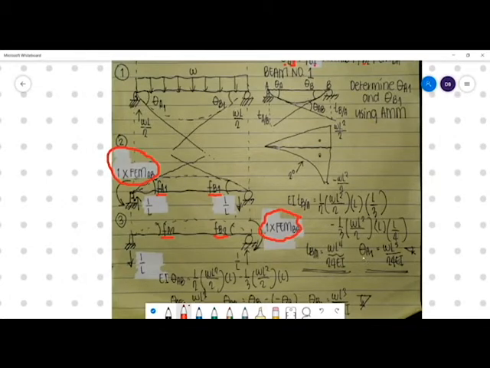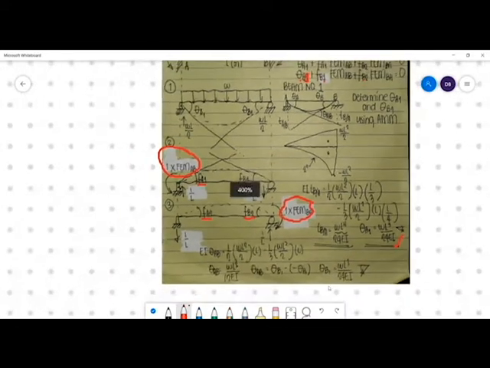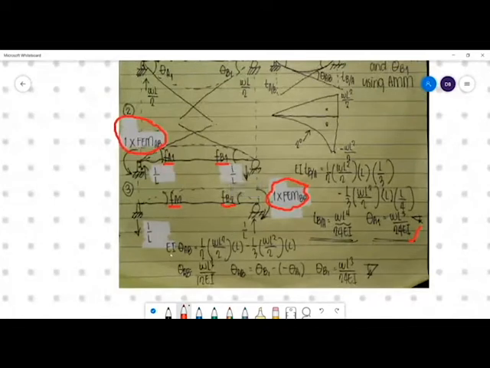So our theta A1 is equal to WL cube over 24 EI. We also determine the change in slope as the area from A to B. Change in slope, theta AB, is equal to WL cube over 12 EI.